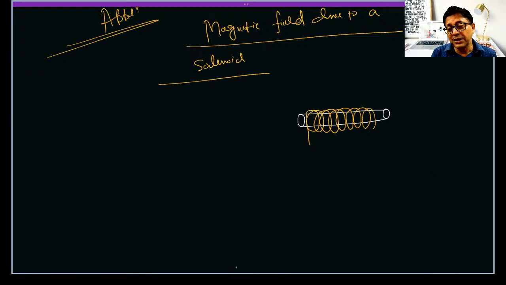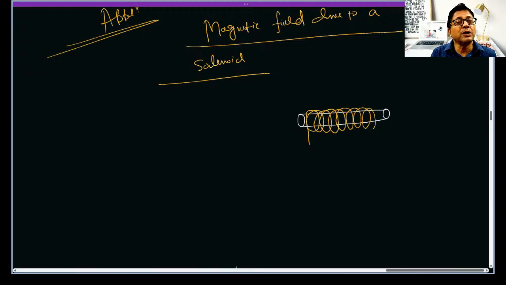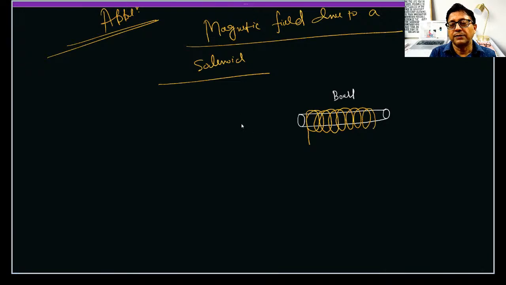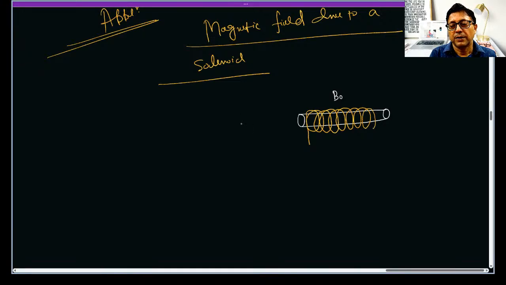This solenoid is used to produce a strong magnetic field inside the solenoid. Outside it, magnetic field will be zero. But at any point along the axis or inside the cylinder, it is very strong.